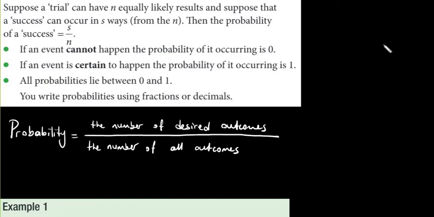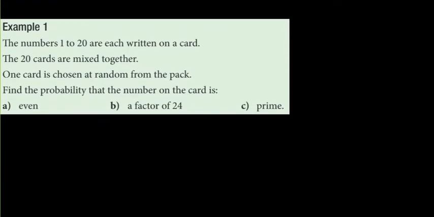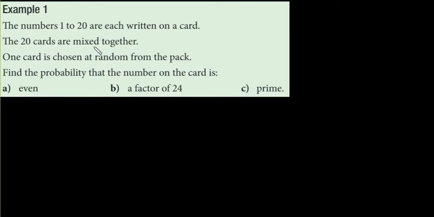To the first example. The numbers 1 to 20 are each written on a card. The 20 cards are mixed together. One card is chosen at random from the pack. So we have a pack, and in this pack we have 20 cards. On those cards, the numbers 1 to 20 are written, okay?